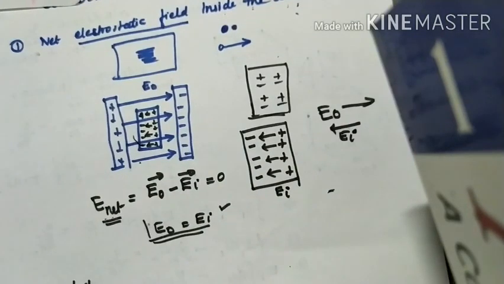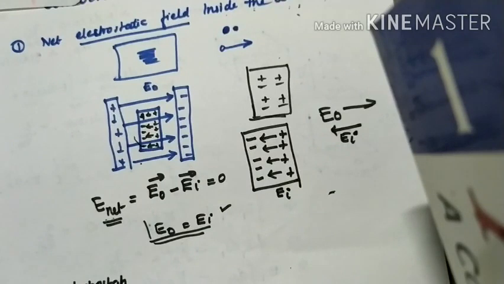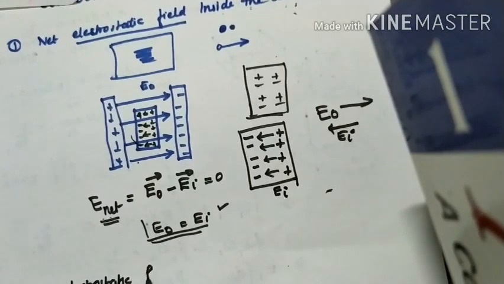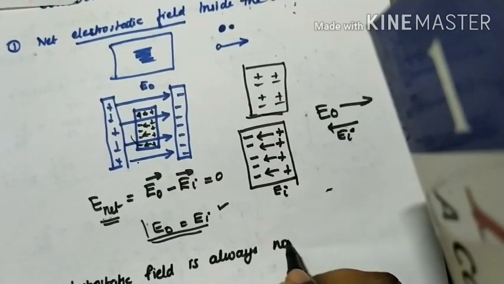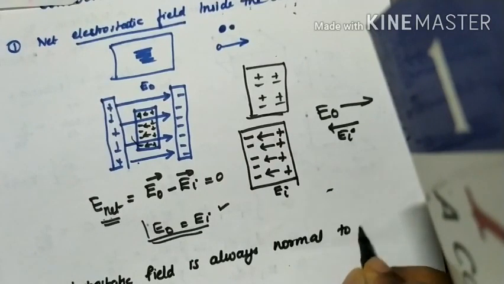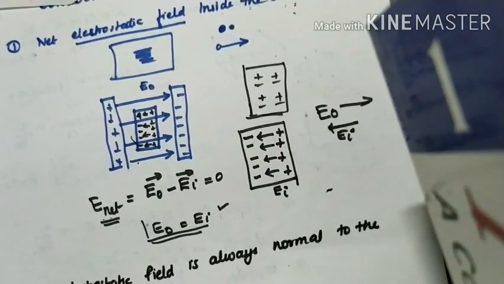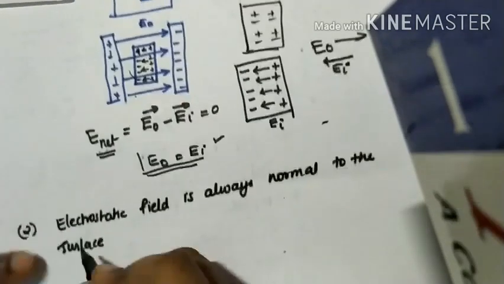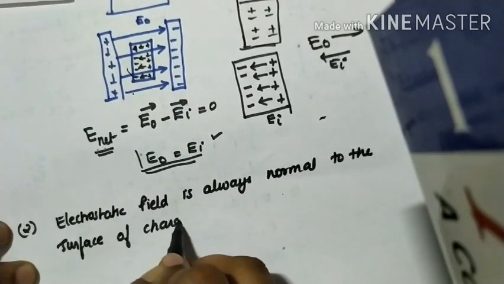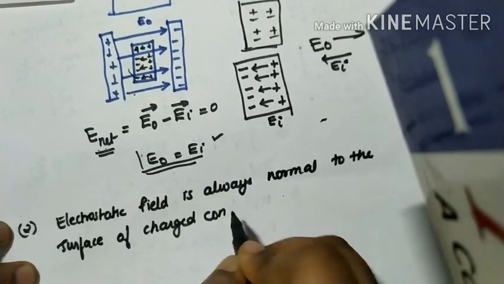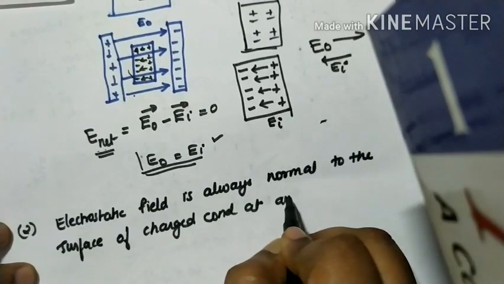Now, the second point is: electrostatic force or electrostatic field is always normal to the surface of a charged conductor at any point.